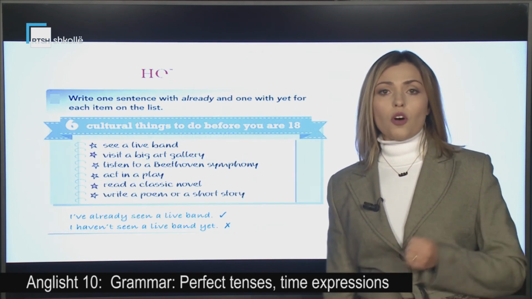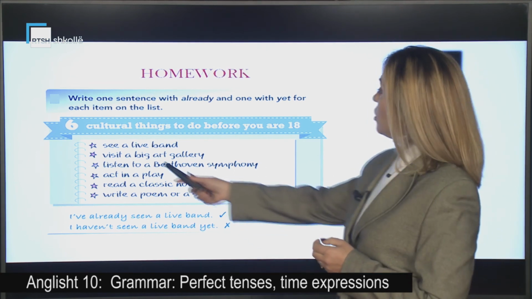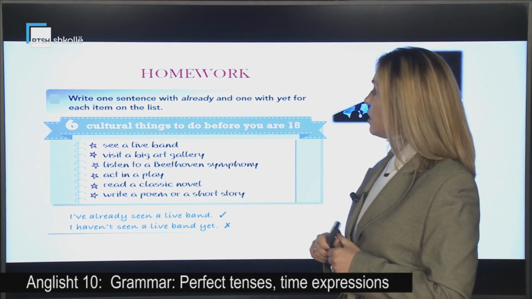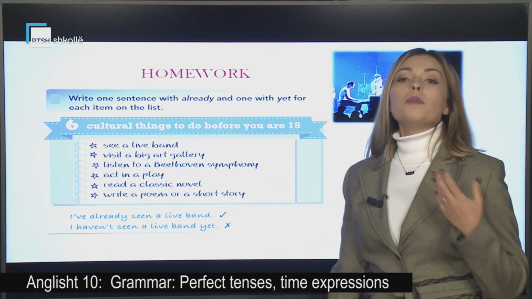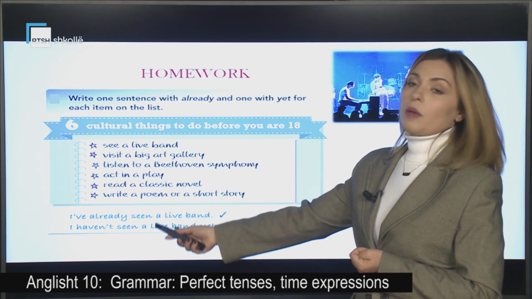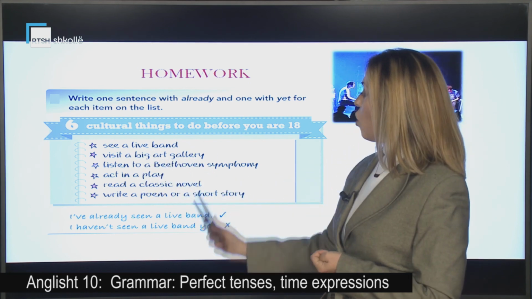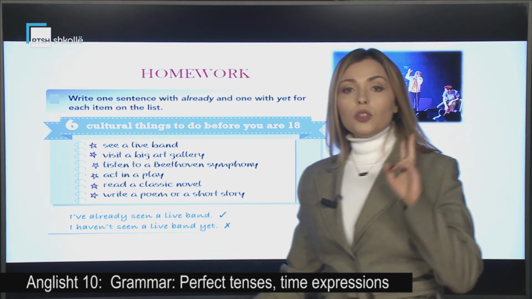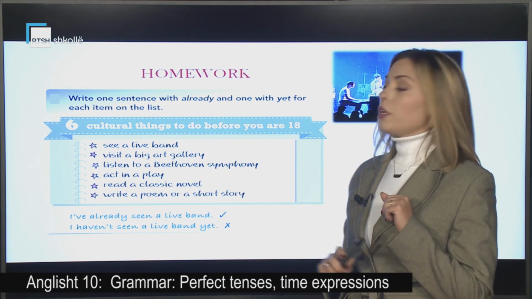And for homework, for next time, I would like you to take a look at the sentences. We're talking about 6 cultural things to do before you are 18. We are given an example. Take the first one. See a live band. So, I would like you to write 2 different sentences for each prompt here.